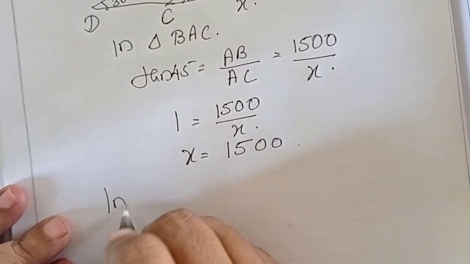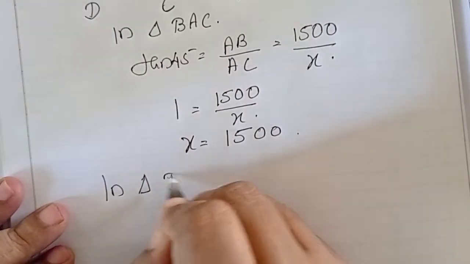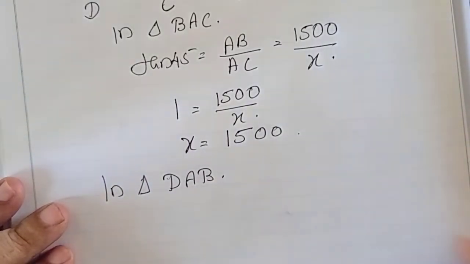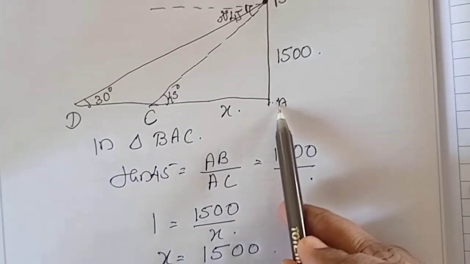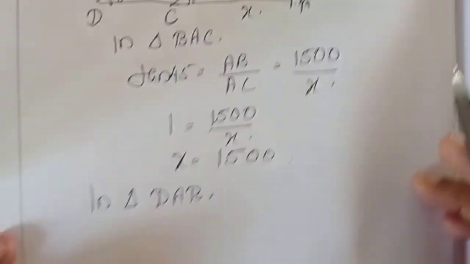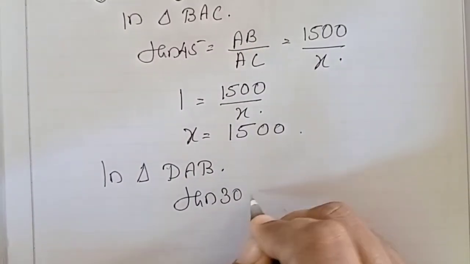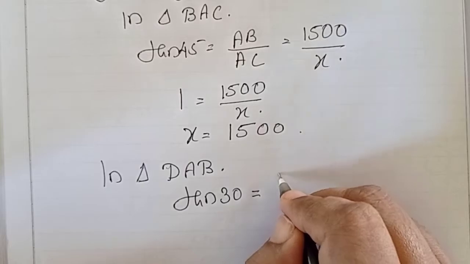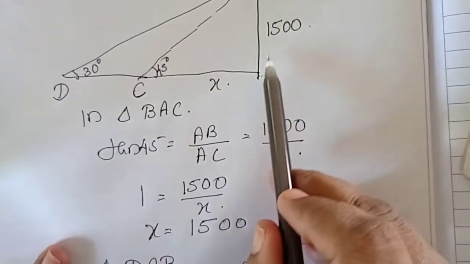Take triangle DAB. Always take the right triangle. Look at the board. In DAB what happened? tan 30 is equal to opposite, which is the same, AB by, but here the base is AD, isn't it?